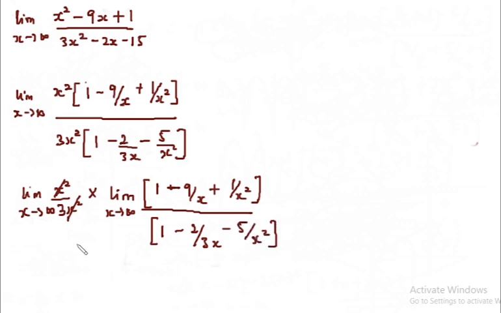So I'll take the limit as x approaches infinity for the two functions. As I'm taking the limit here, this is 1 over 3.